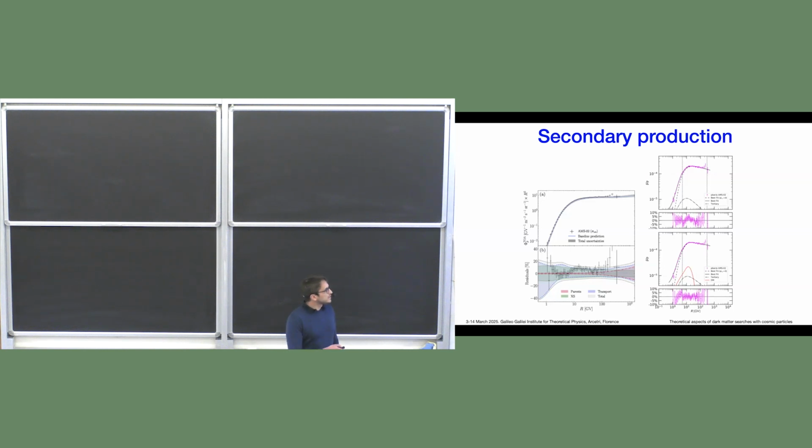The reason is that if you want to study dark matter in cosmic particles, dark matter will very likely be a subdominant contribution of the cosmic ray flux. So you really have to know precisely the astroparticle and astrophysical production of cosmic rays before trying to find any signal of dark matter.